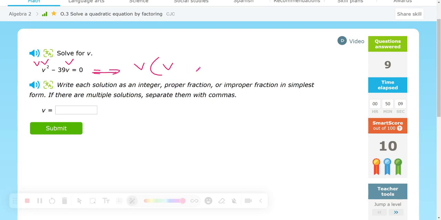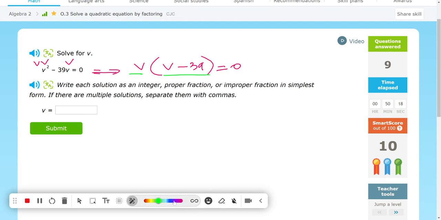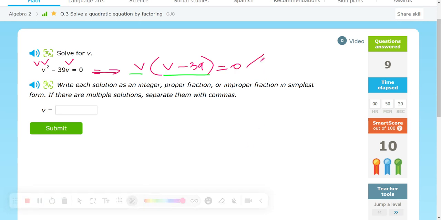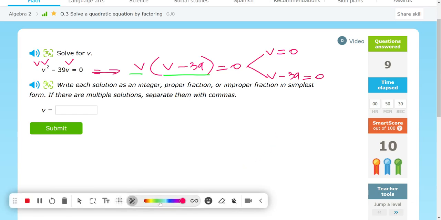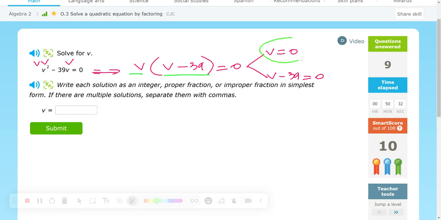Subtract 39. So again, two factors multiplied equal 0, then each factor equals 0. So V equals 0, and V subtract 39 equals 0. So this is already the answer.